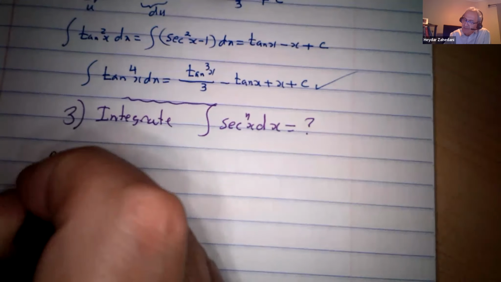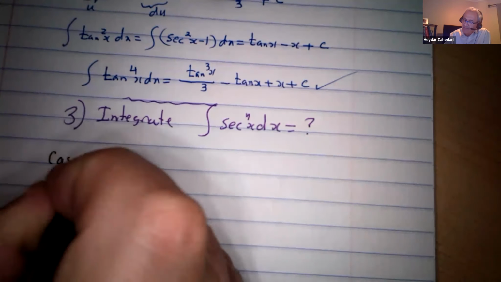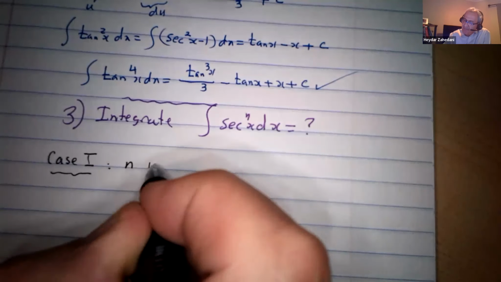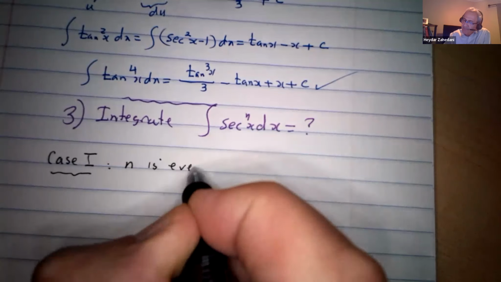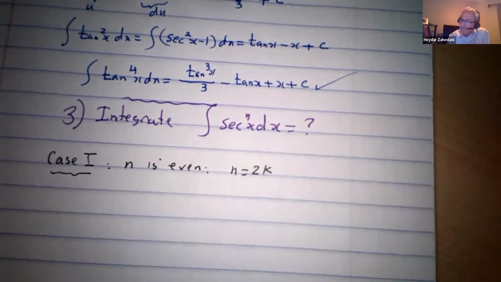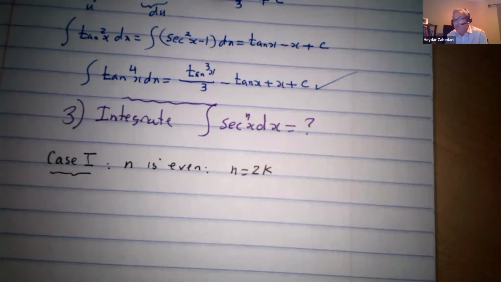Case 1, n is even. Okay, even like 2k. You see, your difficulty is if you want to use u substitution, when u is secant, the derivative of a secant is secant tangent, which is difficult to create here.